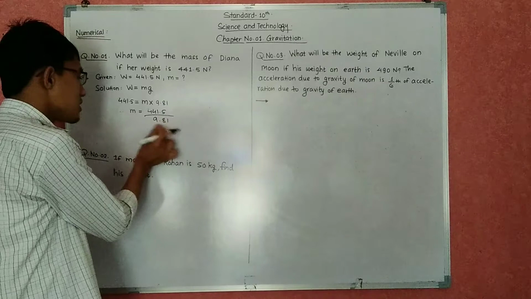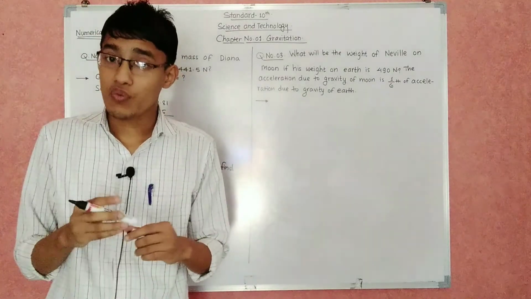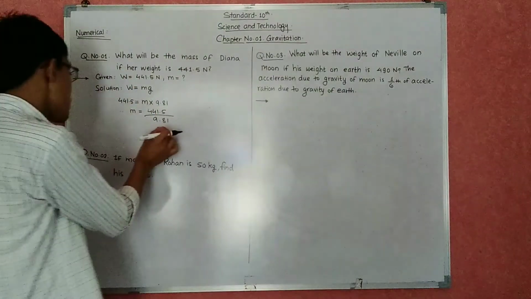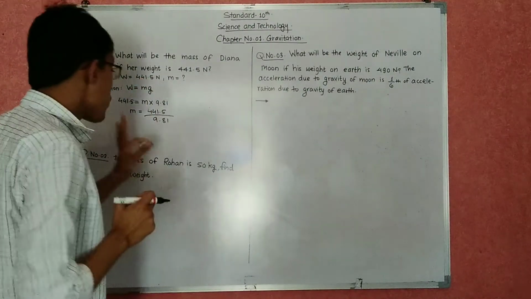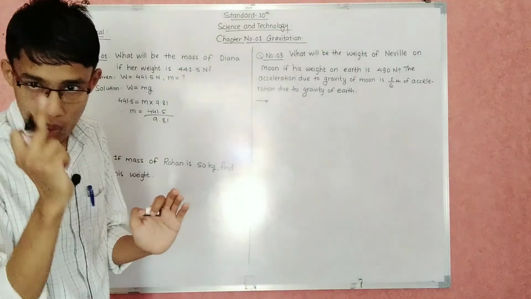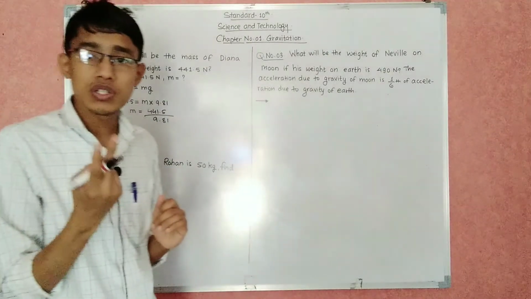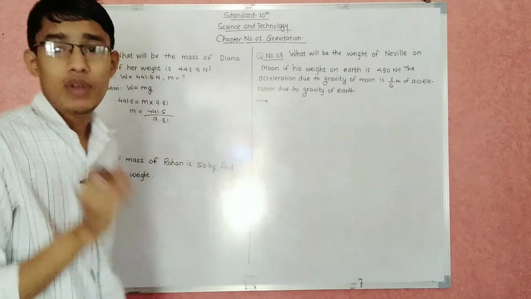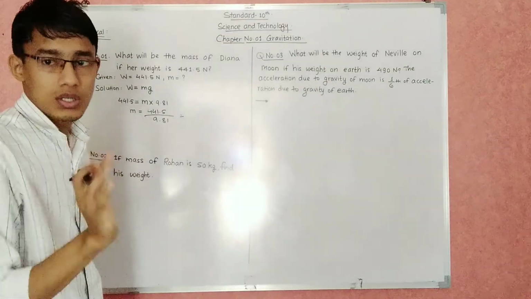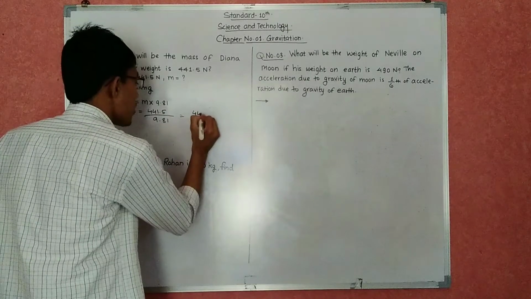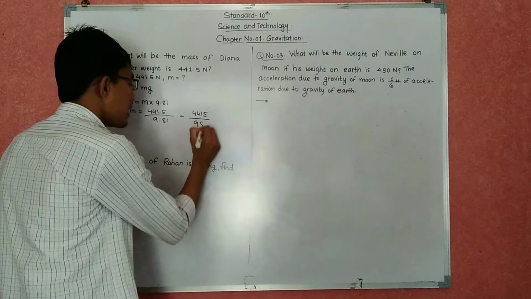Here we don't know the table of 9.81, so we are going to remove the decimal point. In the numerator, 441.5 has a decimal point after one digit, and in the denominator 9.81 has it after two digits. So we can eliminate at least one digit, and 441.5 will become 4415 upon 98.1.